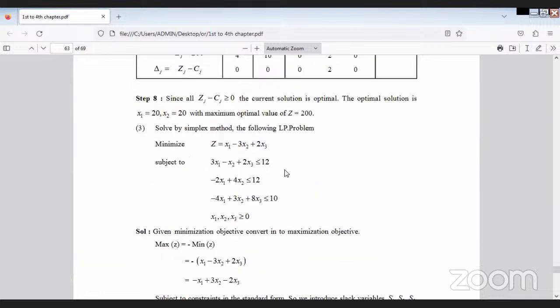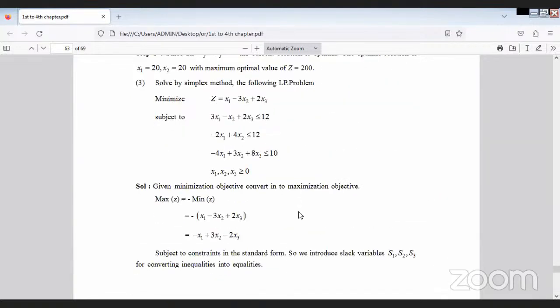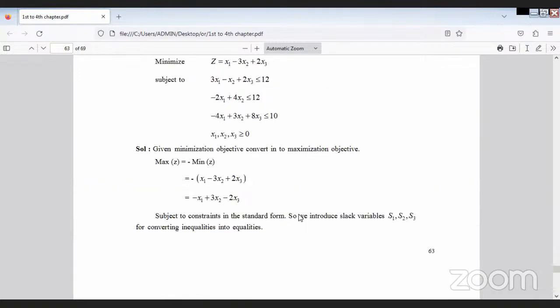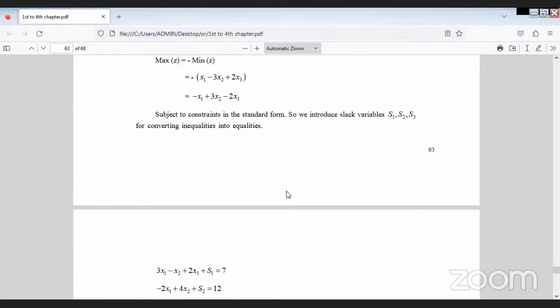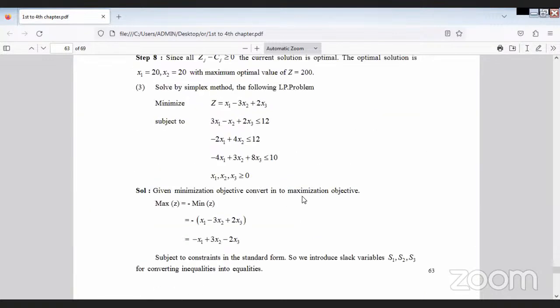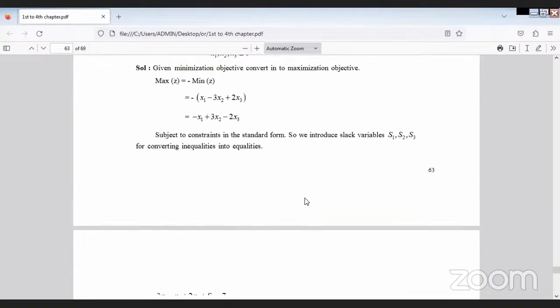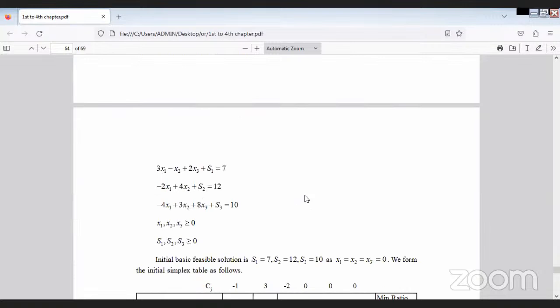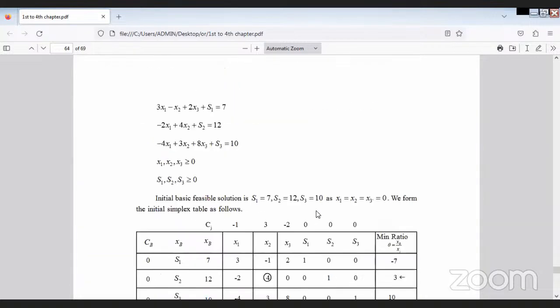The multiplication is minus x1 plus 3x2 minus 2x3. Subject to the constraints here, 3x1 minus x2 plus 2x3 plus s1 is equal to 7, minus 2x1 plus 4x2 plus s2 is equal to 12, and minus 4x1 plus 3x2 plus 8x3 plus s3 is equal to 10. ఇది 7 అయి ఉండొచ్చు, చూద్దాం. ఇది ప్రింటింగ్ మిస్టేక్ అయింది. వీ కెన్ వెరిఫై హియర్.